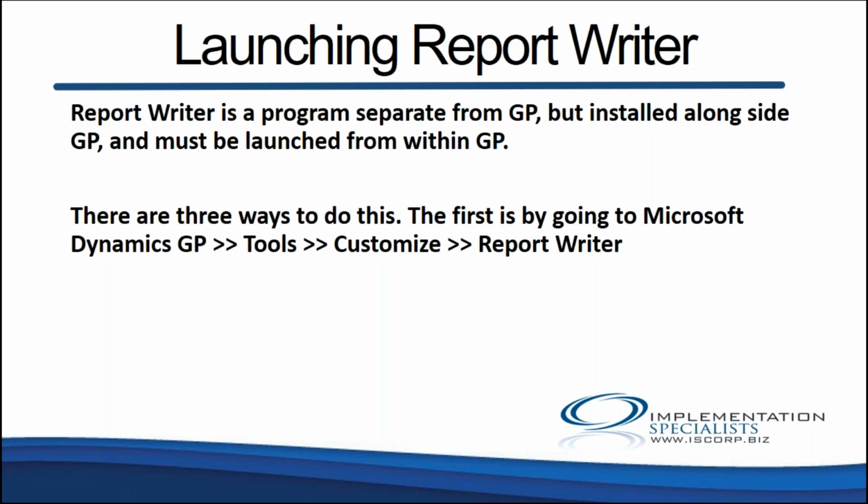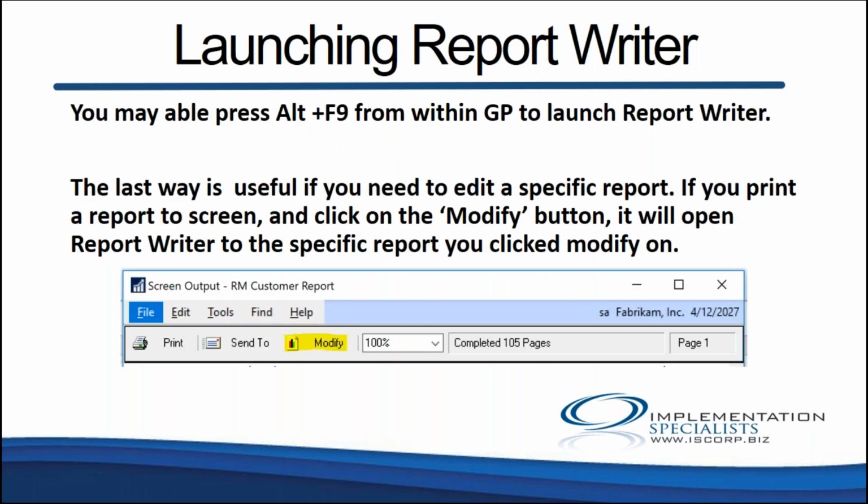The first thing we need to do to launch Report Writer is there are three ways to do it. Those of you that are a little old school here might be more familiar with the ribbon menu up top: Dynamics GP, Tools, Customize, Report Writer. That one does have a keyboard shortcut, Alt F9 will also launch it.